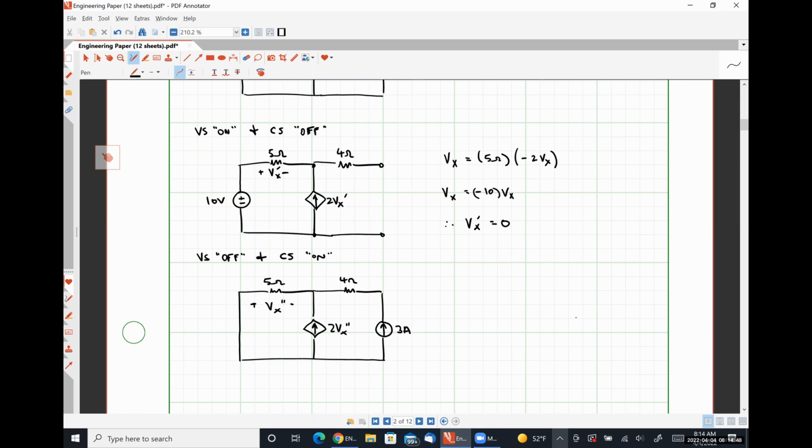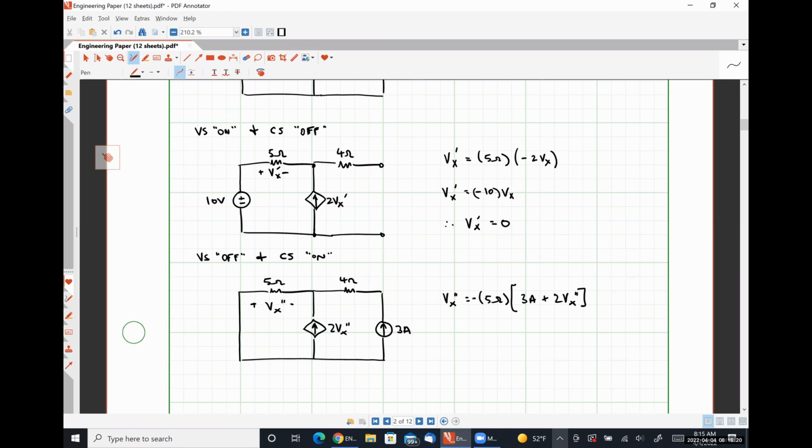And using Kirchhoff's current law, we can say that Vx double prime would be the current flowing into the negative polarity terminal times the 5 ohm resistor. So that's going to be 3 amps flows in plus twice Vx double prime.